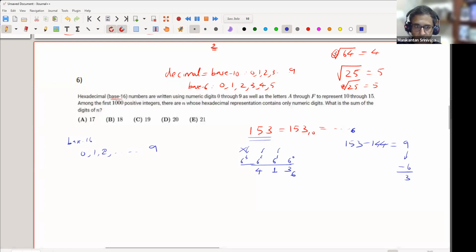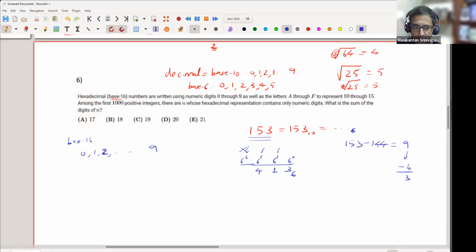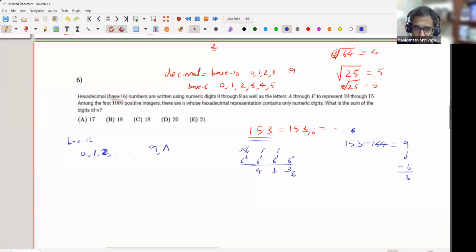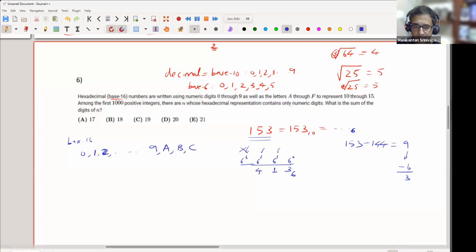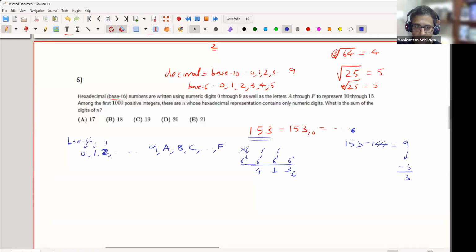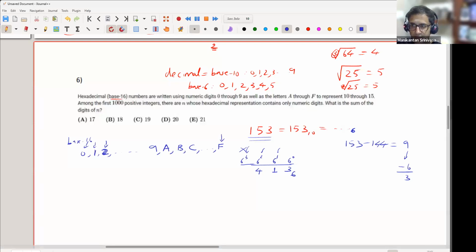But if you give it to a robot, this is just a shape. This is another shape. Beyond 9 there's another shape to denote 10, another shape to denote 11, and lastly another shape to denote 15. As far as the robot is concerned, these are all different shapes, and it will know to associate each with a numerical value. That's it. So in base 16, we have digits all the way from 0 to 15.